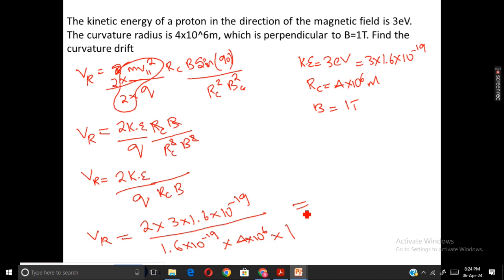So this will become 2 into 3 into 1.6 into 10 raised to minus 19, and those will cancel. It will become 6 by 4 into 10 raised to 6, which is basically 1.5 into 10 raised to minus 6 meter per second.